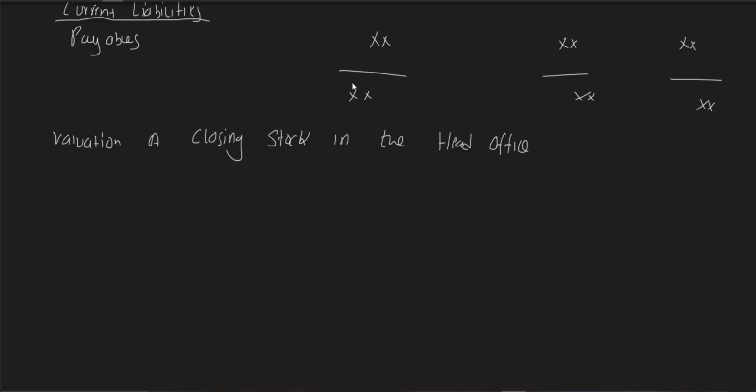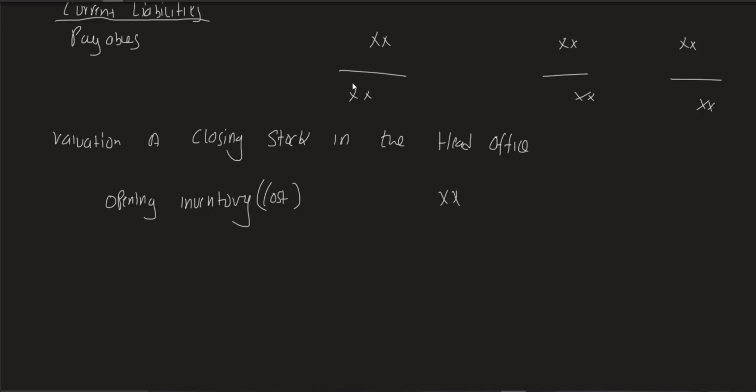Now, the closing stock at the head office should be valued as follows. We usually start with the opening inventory. The opening inventory, we get the cost there, and this is at cost.